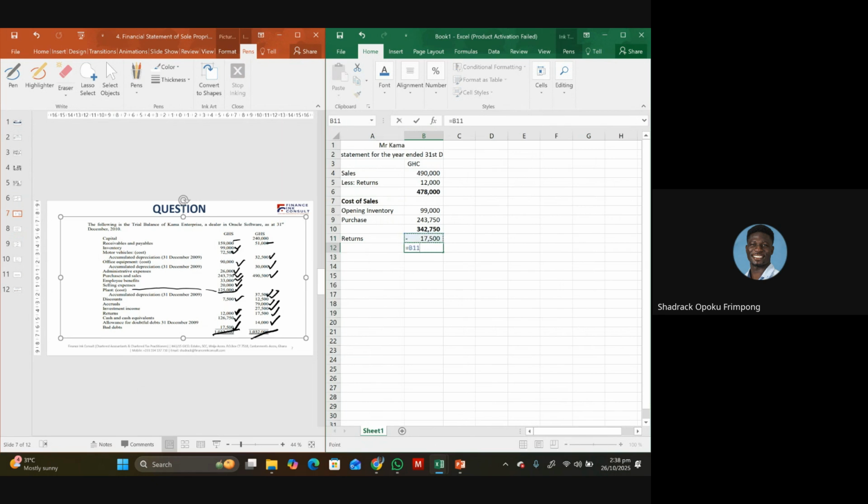So, plus returns. Now, did we incur any expense in bringing the items to our office? I guess we did not. All right, so that's fine.